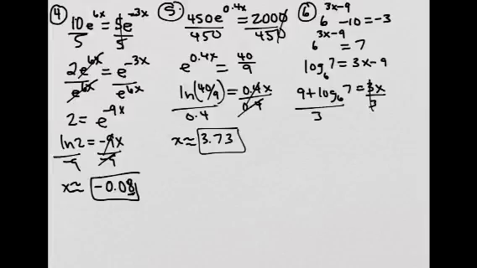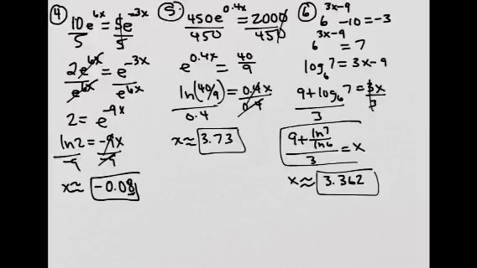So the exact value right here would be 9 plus natural log of 7 divided by natural log of 6, all over 3. This is the exact value. The approximate value after you put it into a calculator is 3.362. So again, you do 9 plus natural log of 7 divided by natural log of 6 equals, and then you divide that whole numerator by 3, and this is what you get.